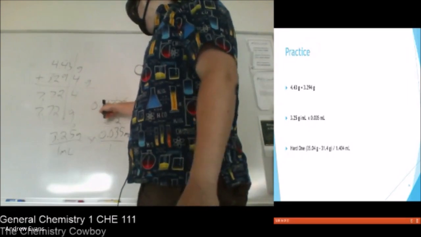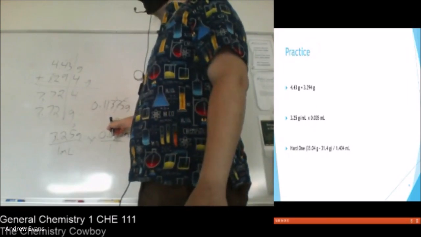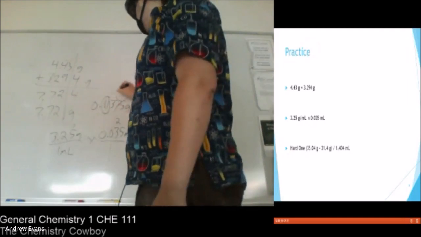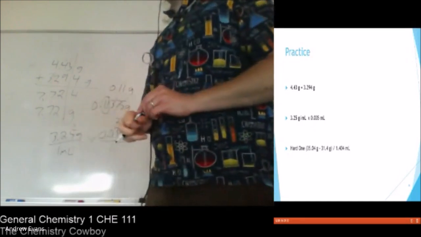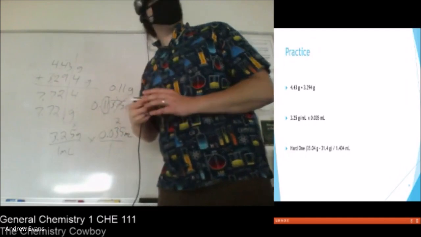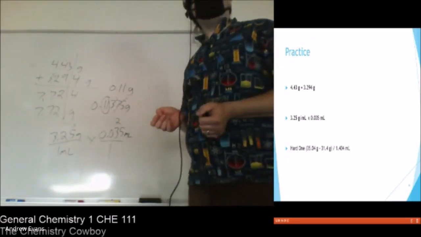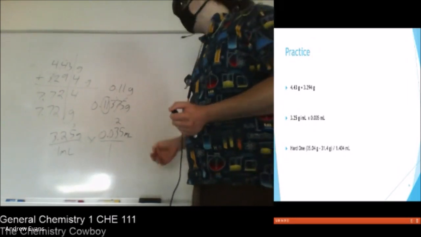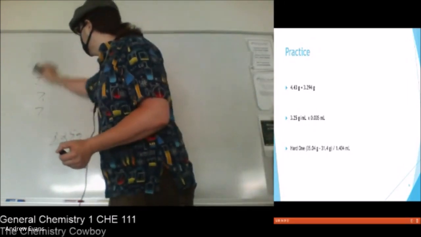But between 2 and 3 sig figs, we keep the lower number. So I'm going to round to 0.11 grams. It's not saying there are no numbers here. It's just saying I cannot reliably say what those numbers are. All I know is that it's somewhere close to 0.11. I cannot say with any more certainty that it's any more than 0.11.